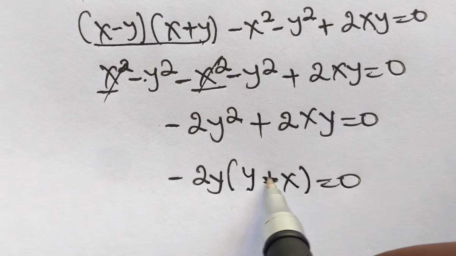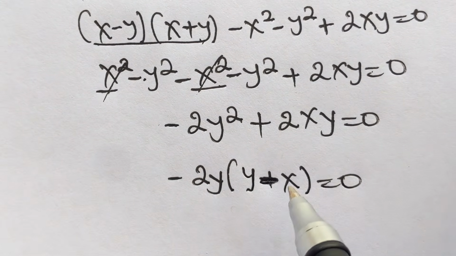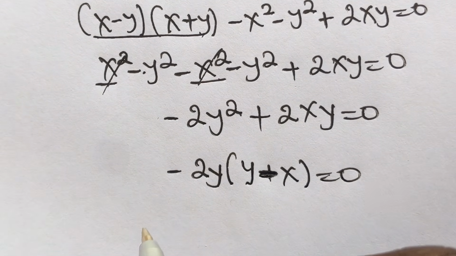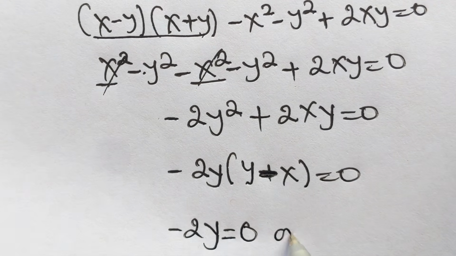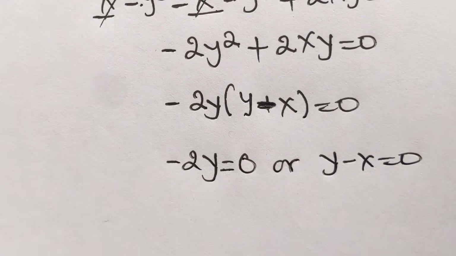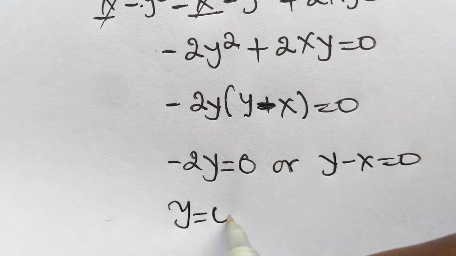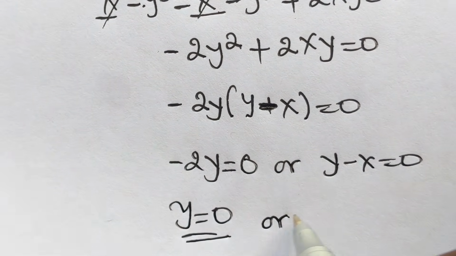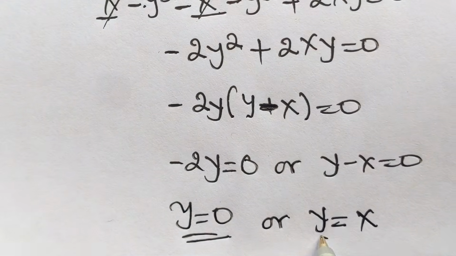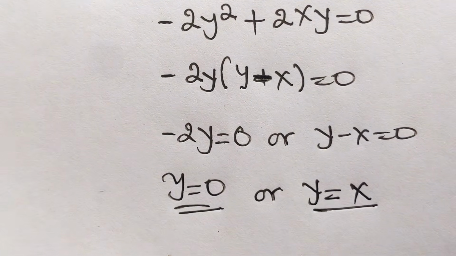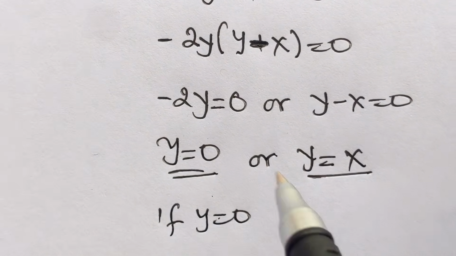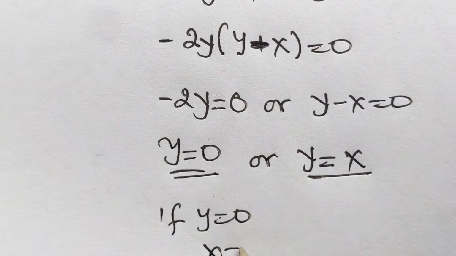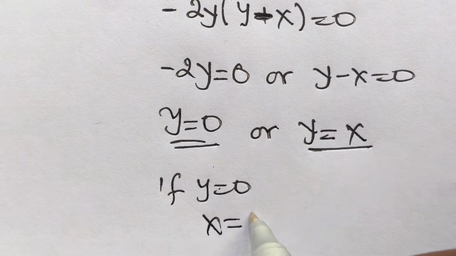Negative 2y is equal to 0, or y minus x is equal to 0. At this stage we have y equal to 0, or y equals x. So if y equals 0 and y is equal to x, then x will be 0.